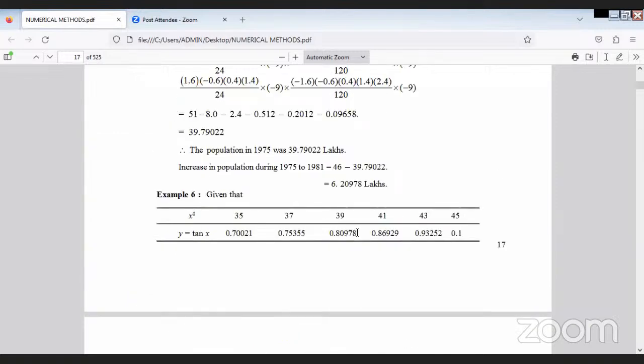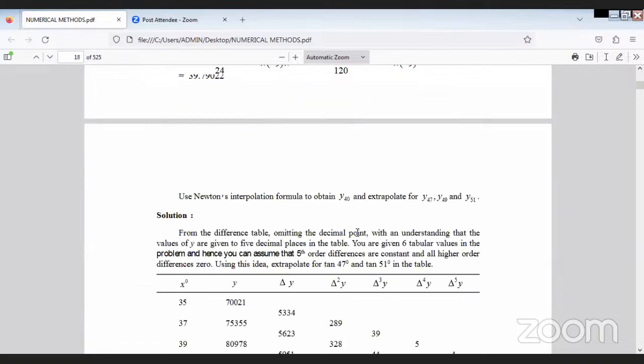Another problem is given: x is equal to 35, 37, 39, 41, 43, 45. And y is equal to 0.70021, 0.75355, 0.80978, 0.86929, 0.93252, and so on. This is the Newton interpolation formula.